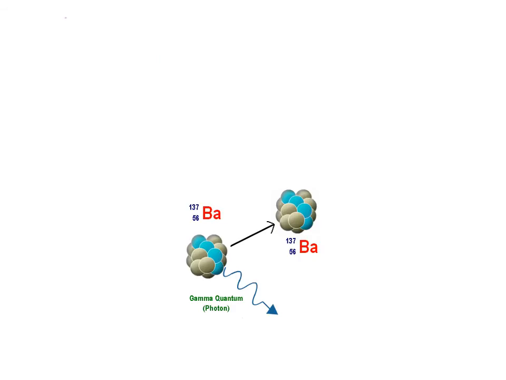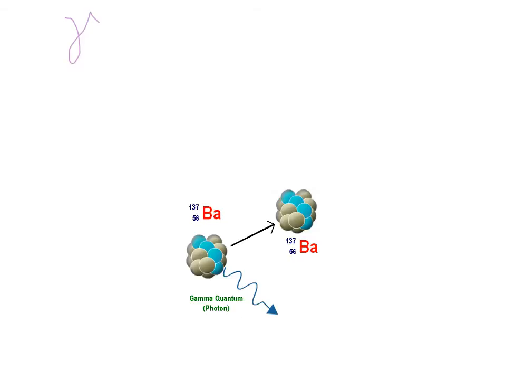Finally, let's look at gamma emission. Gamma emission is the easiest one of them all, because the gamma emission, or the gamma radiation, is, as you'll remember from GCSE, an electromagnetic wave. Okay? So an electromagnetic wave is simply energy. So when an unstable nucleus has emitted either an alpha or a beta particle, chances are the nucleus will be in what we call an excited state.